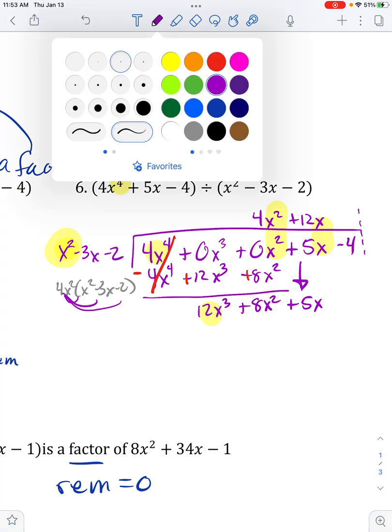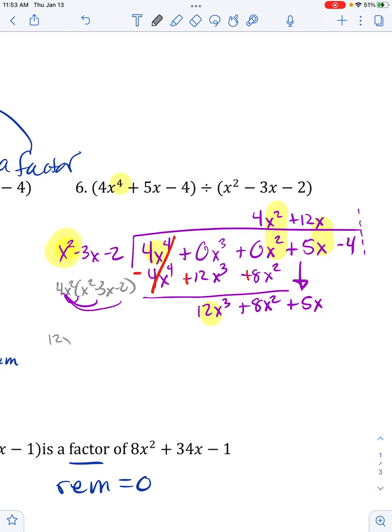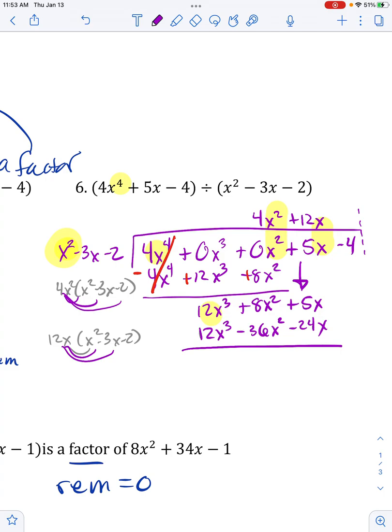So I take my thing from the top and I multiply it by this thing on the side, giving me the 12x cubed that I need. And then here I'm going to get a negative 36x squared. Here I'm getting a negative 24x.